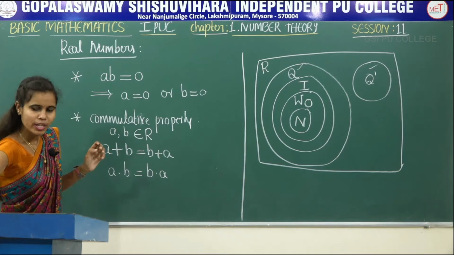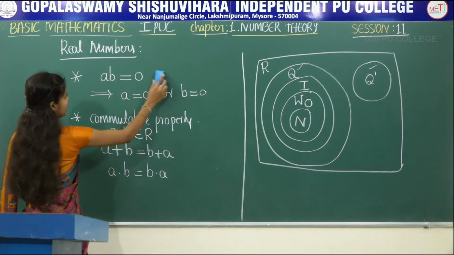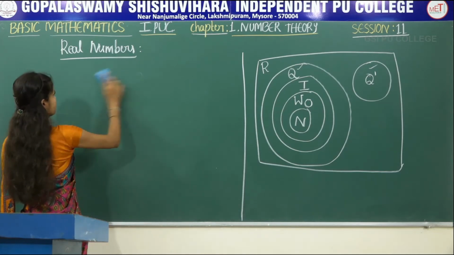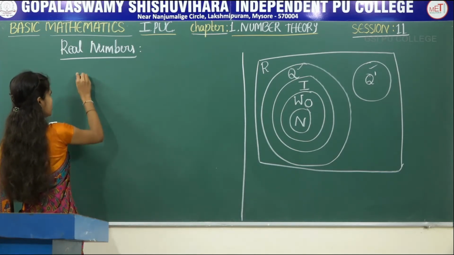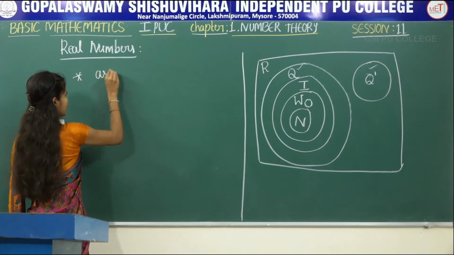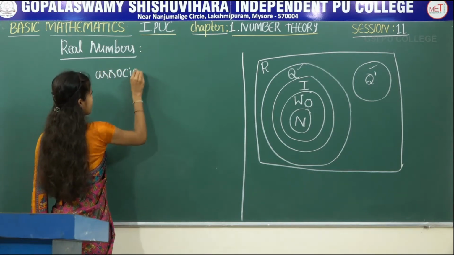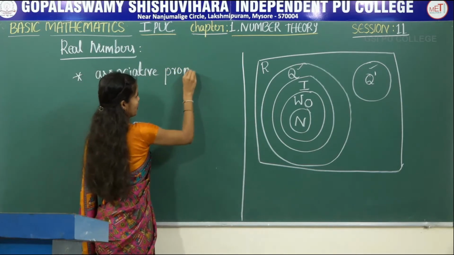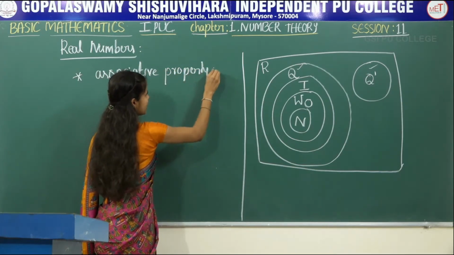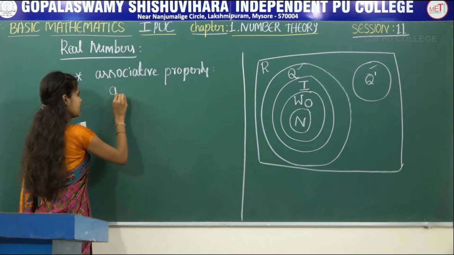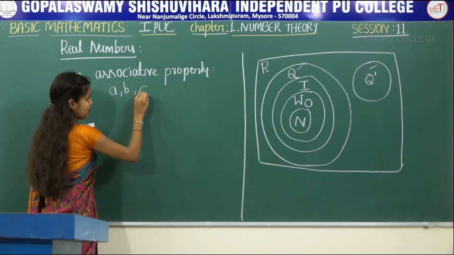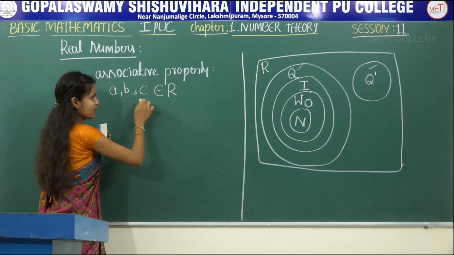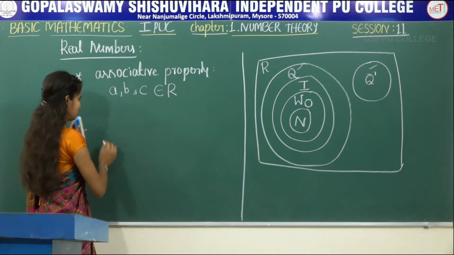Okay. The next property is the associative property. Here consider three real numbers a, b, c belonging to R, which means a, b, c are real numbers.